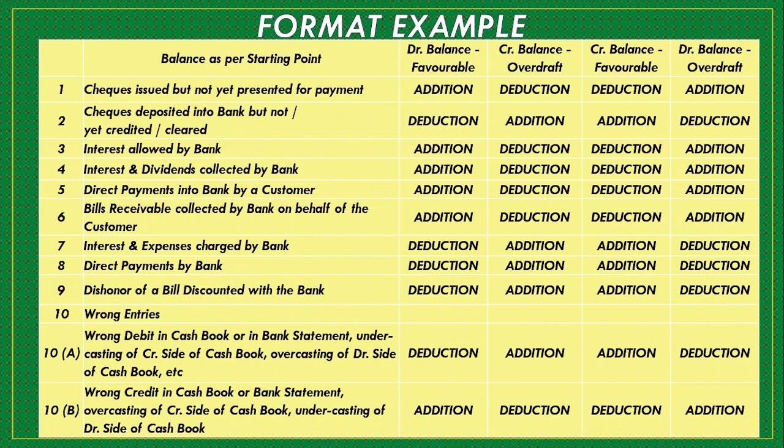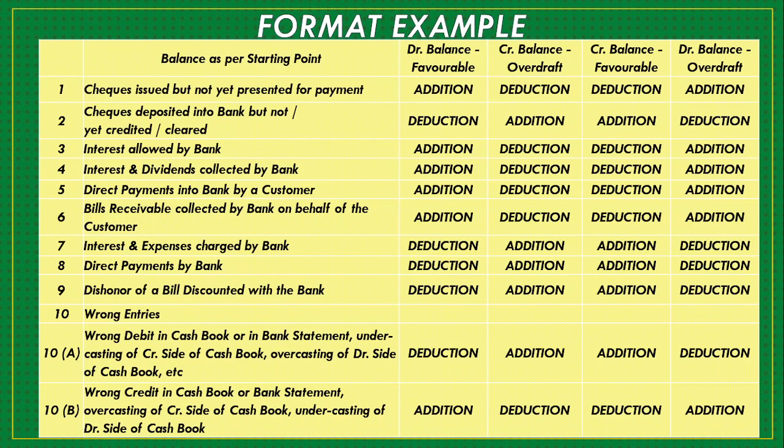If you're starting credit balance overdraft, it will be addition. If your starting point is credit balance favorable, it will be addition. If your starting point is debit balance overdraft, it will be deduction.